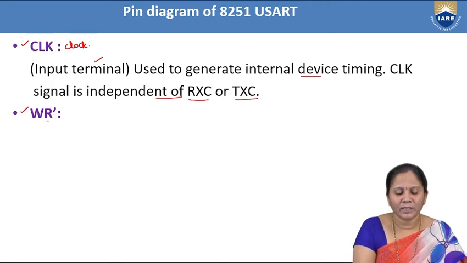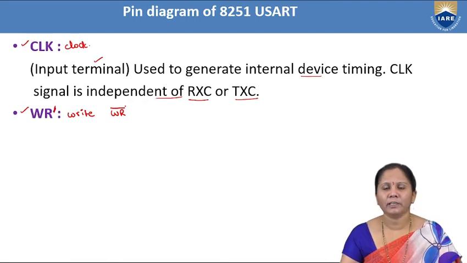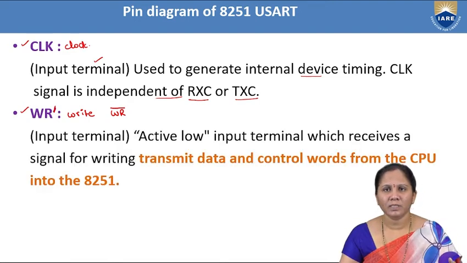And next one is write signal. Here the bar is indicated on the top, or we can write it like WR bar. So it is considered as an active low signal. Using this signal only, the data will be transmitted from 8086 microprocessor to 8251 USART.